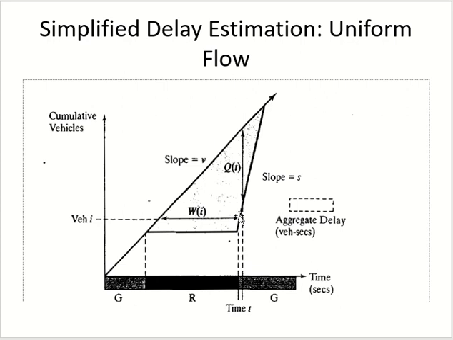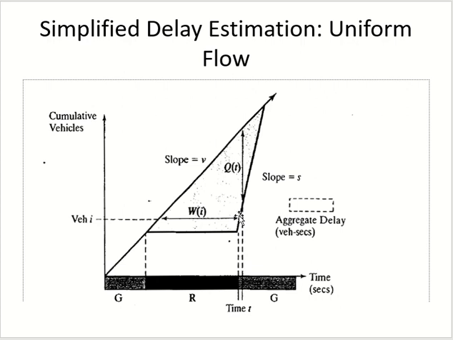So I said vehicles on the y-axis, time on the x-axis, right? Vehicles upon time is flow rate. So this line has a slope, which is the flow rate of this line. This line is showing what? Vehicles, but which vehicles?